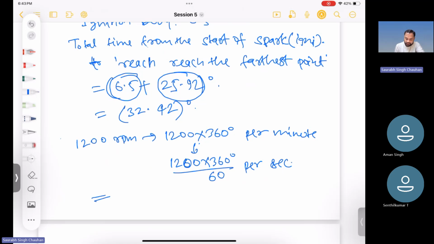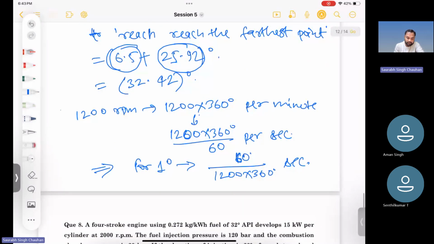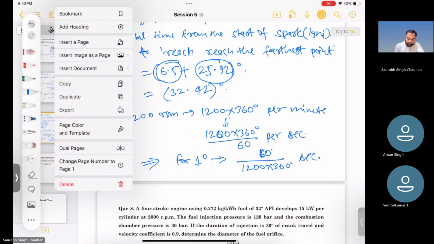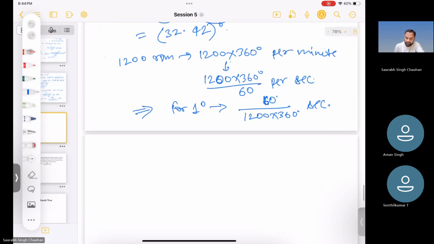Okay. So for 1 degree, what will be the time? 1 divided by 1200 into 360 divided by 60, right? This will be the time for 1 degree.